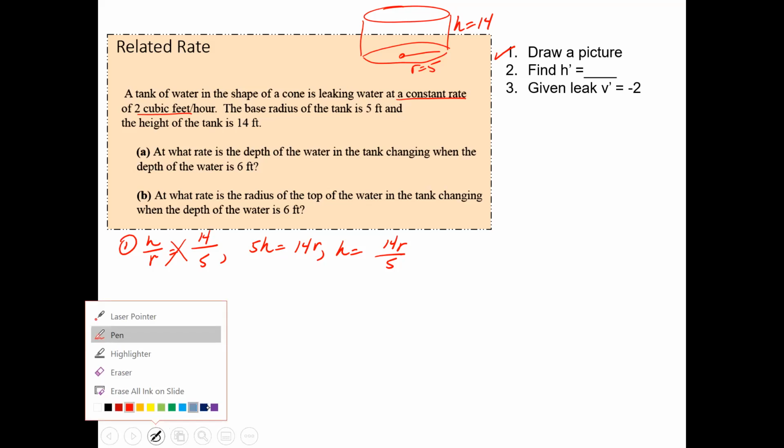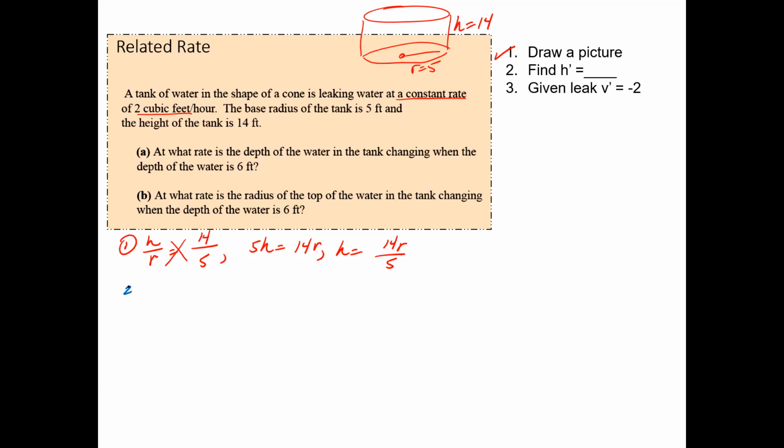Okay, now from there, for number 2, you're given the fact that H prime is going to be equal to 14 over 5 times R prime. And you know that R prime is going to be 5 over 14 times H prime.